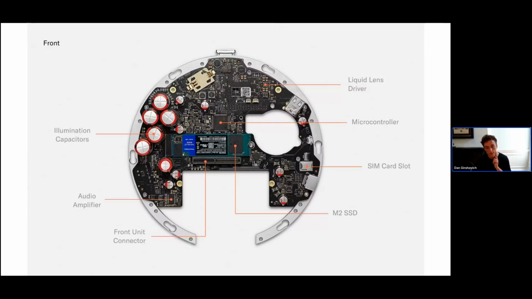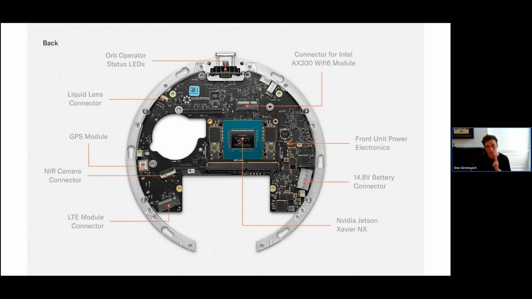And then finally, on the other side of the main board, you would see the NVIDIA Jetson. We'll zoom into what's running on here later in the presentation. We also have lots of peripherals related to networking, like Wi-Fi and LTE. On this version of the Orb, we didn't end up using LTE, but the next one we will. We have GPS, though it's been spotty indoors, as you might expect.